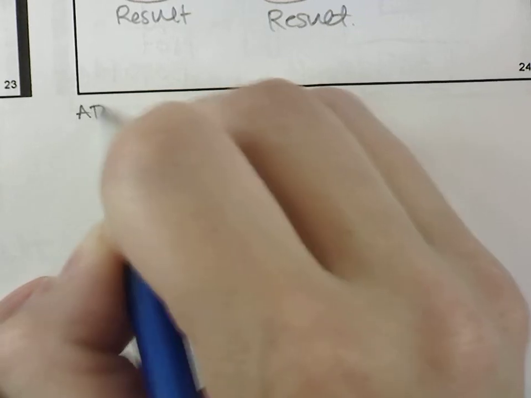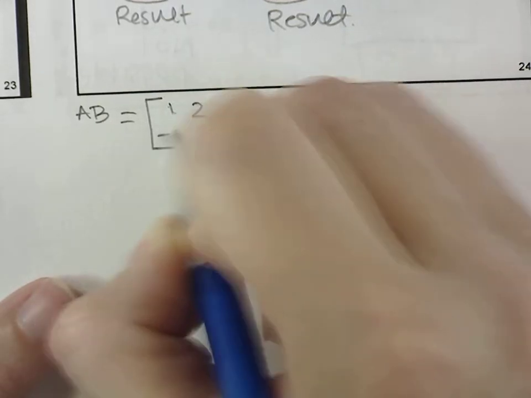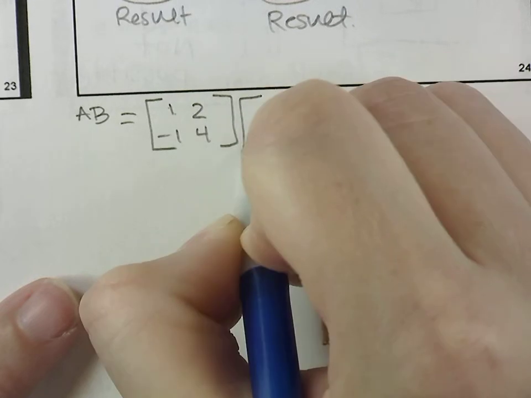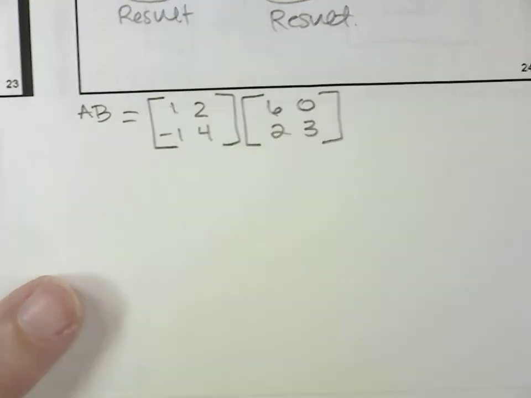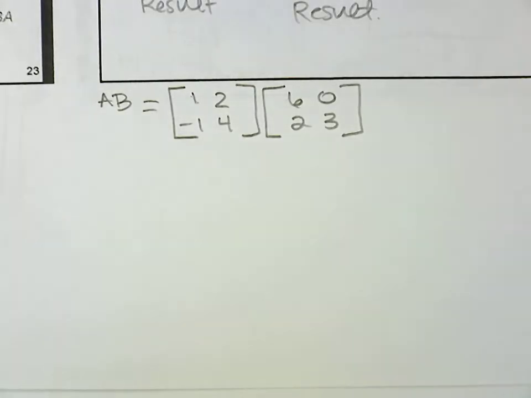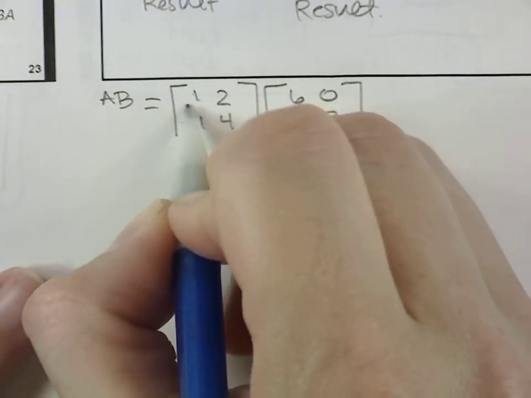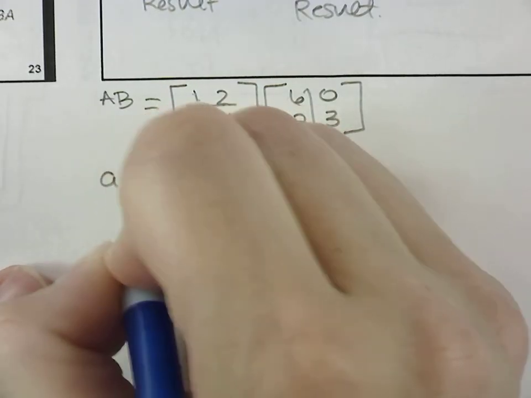Okay, so first let's do A times B. And like I said, I like to write them out. So on the A, it's the rows, and then the other one is the columns. So I'll always do row, column.